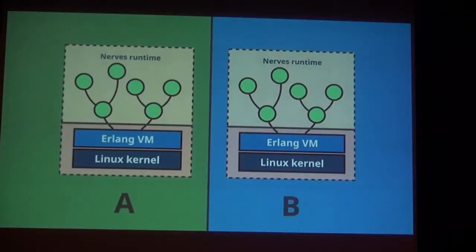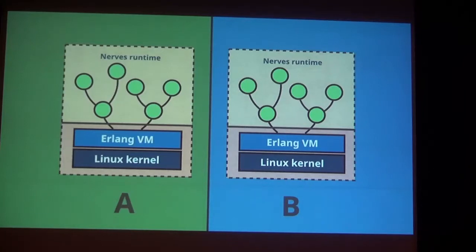Some of those benefits are A-B partitions. So the Nerves runtime is not only one container, it's two. And you boot off of one, and when a firmware update comes in, it streams into the second one.